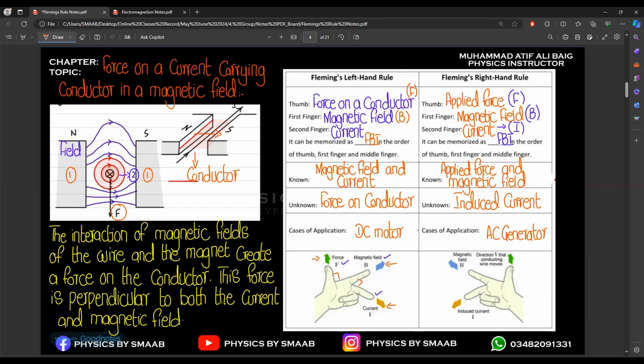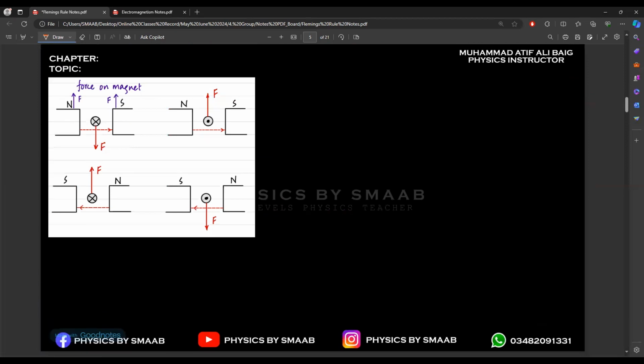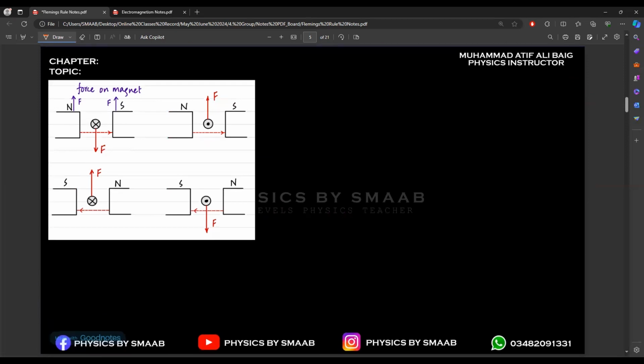And let's continue with the left hand rule, because in this electromagnetism topic we are going to continue with the left hand rule, and the right hand rule will be applied on the AC generator, which is part of electromagnetic induction. So these are some examples for the left hand rule that we already discussed in the diagram.